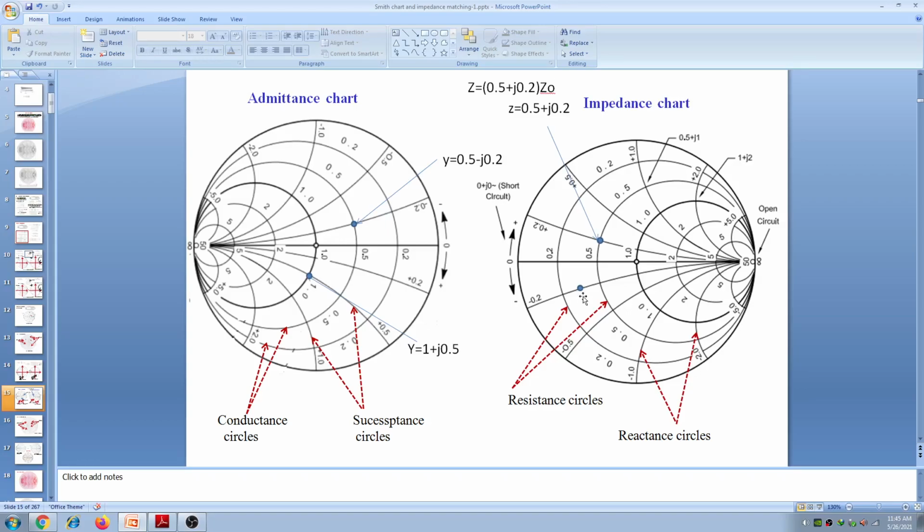Actually one circle will pass through this. It is 0.5, this is 0.2, and in between there are 0.3, 0.4 circles, and also an infinite number of circles. Then what is the value of this circle? What is the value of impedance at this position?